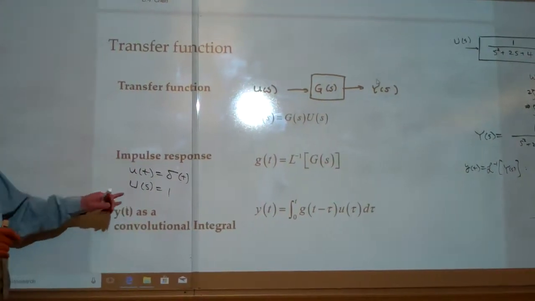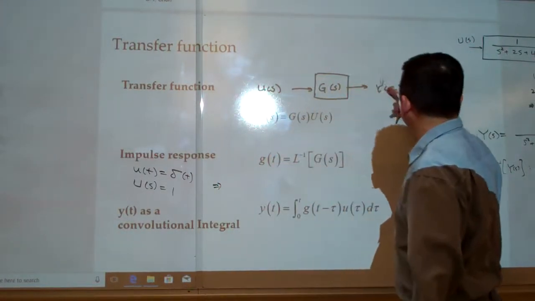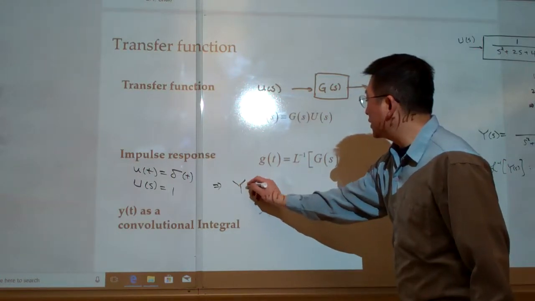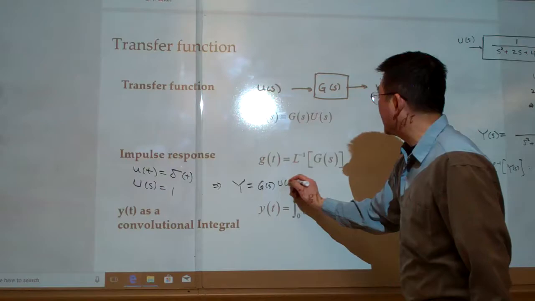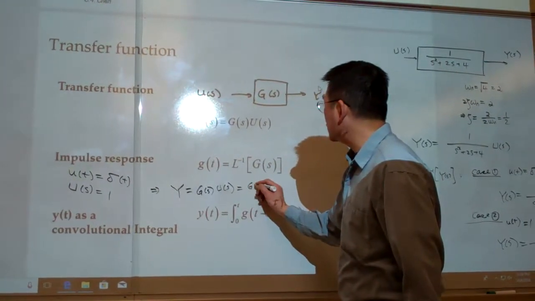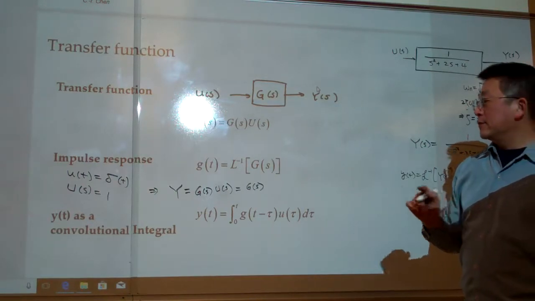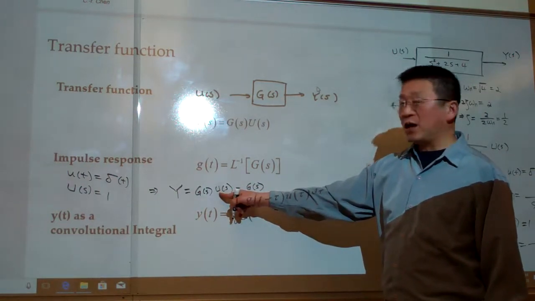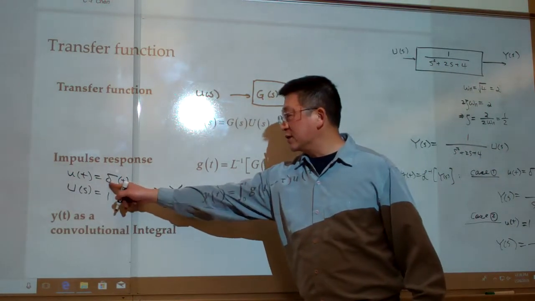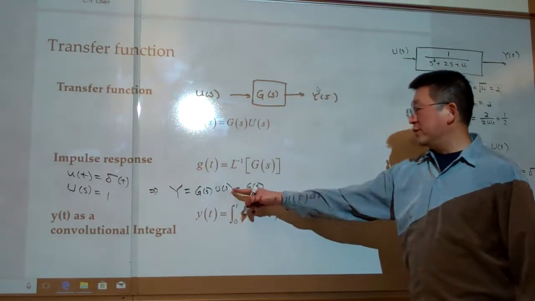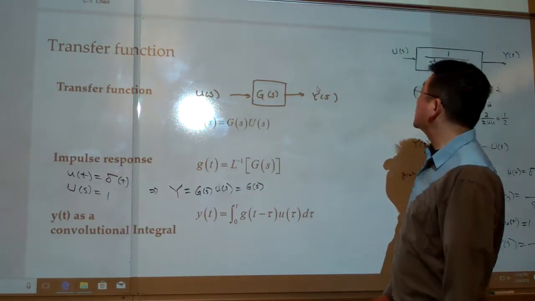Now for this case, U(s) equals 1. So reading this diagram, Y will be equal to G(s) times U(s), and because U(s) equals 1, that is G(s). Because the Laplace transform of the impulse equals 1, after calculation that equals G(s).